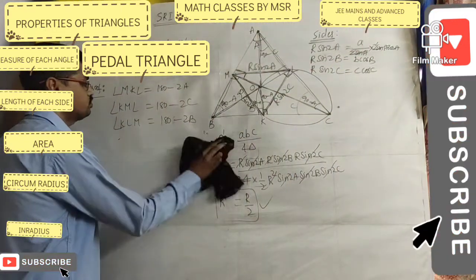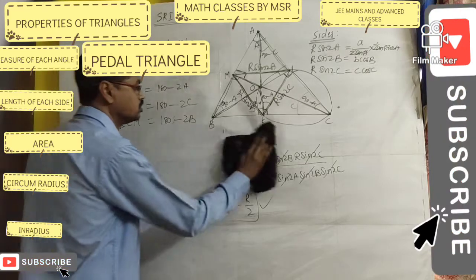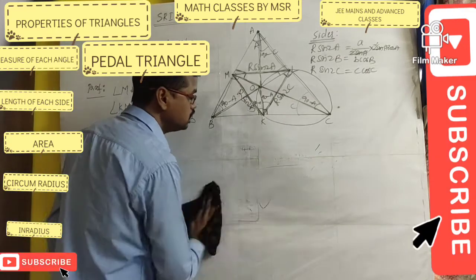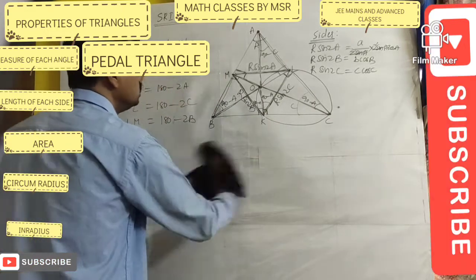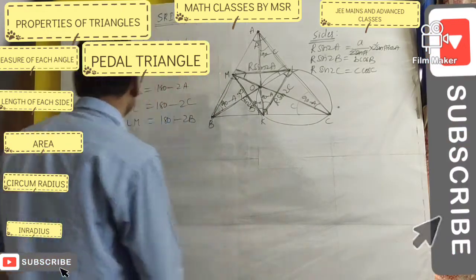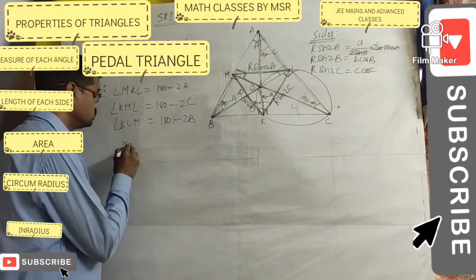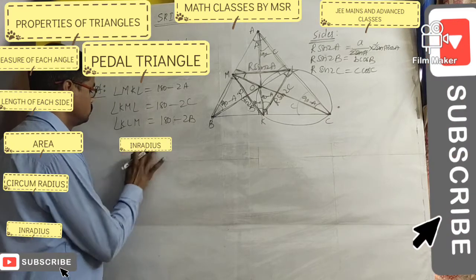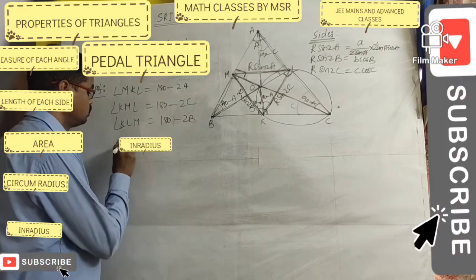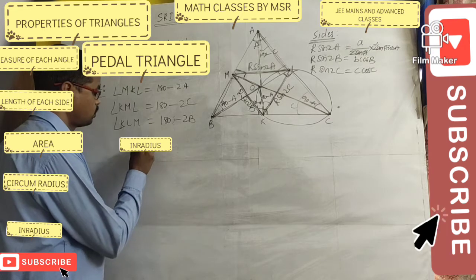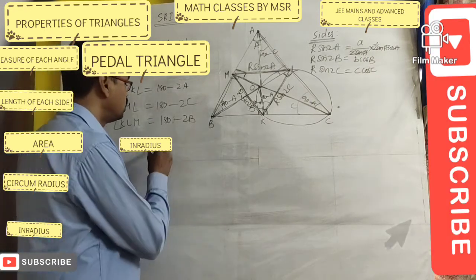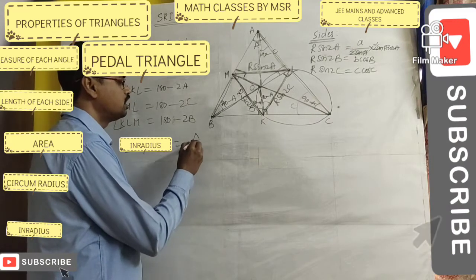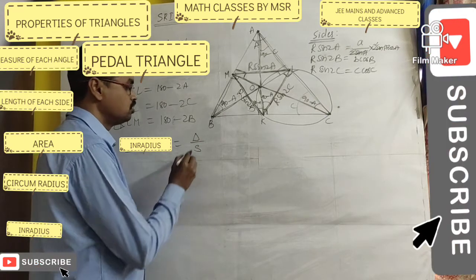Next, what is the inradius of the pedal triangle? The inradius of the pedal triangle, small r, is equal to delta by s. What is delta?